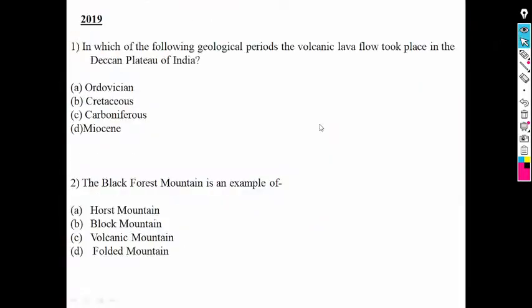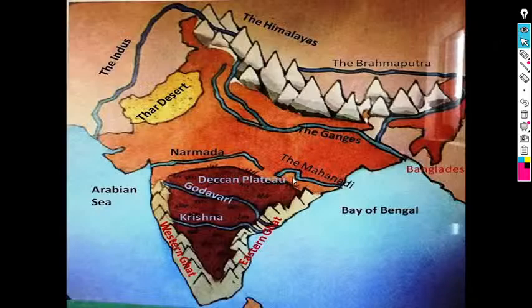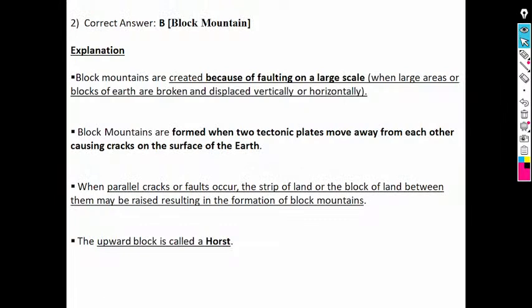Next question, the Black Forest Mountain is an example of. Basically, Black Forest Mountain is a block mountain. Block mountains are created because of faulting on a large scale, where large areas or blocks of earth are broken and displaced vertically or horizontally.